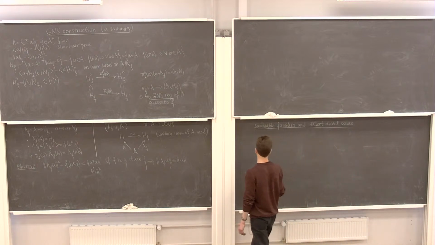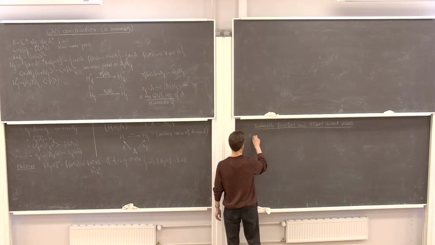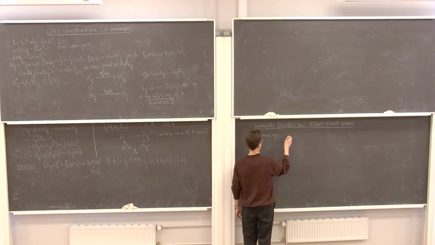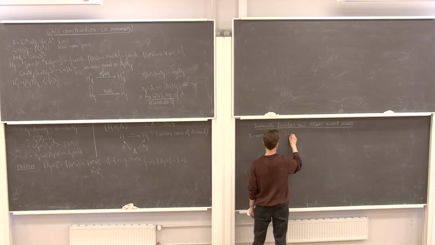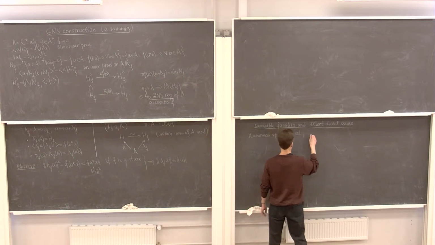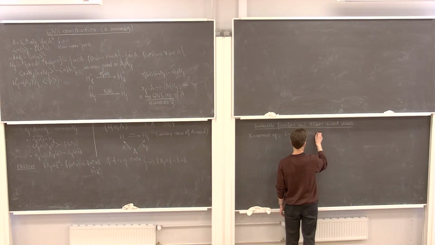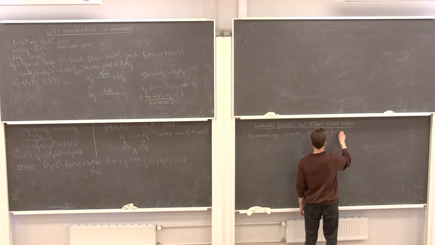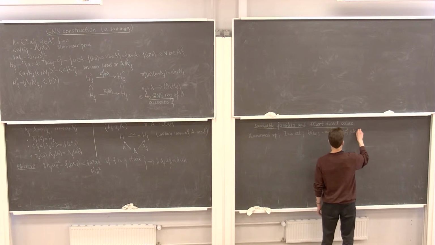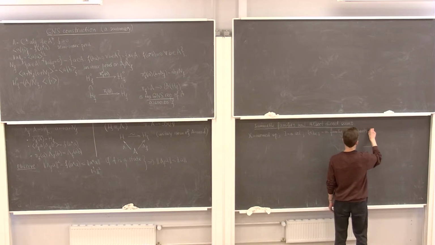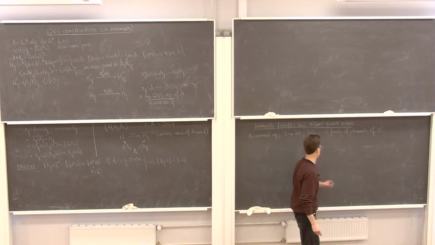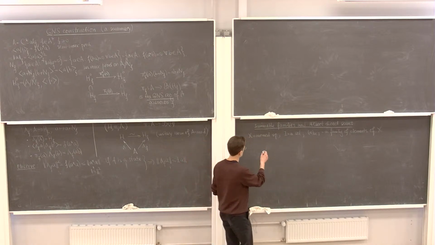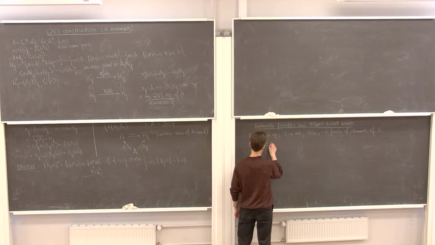So suppose X is a normed space, an arbitrary set I, and a family of elements of X indexed by our set I. So roughly what we want to do is to make sense of the following expression.